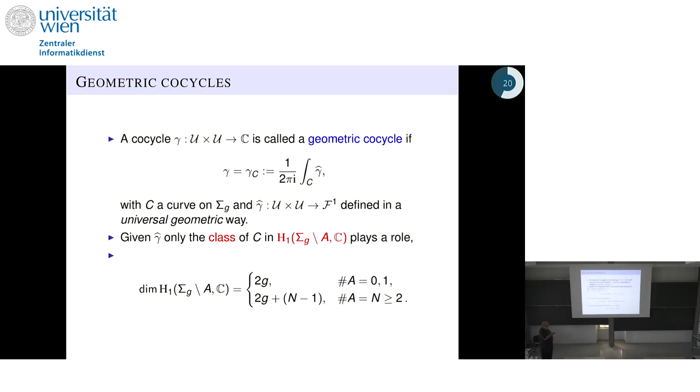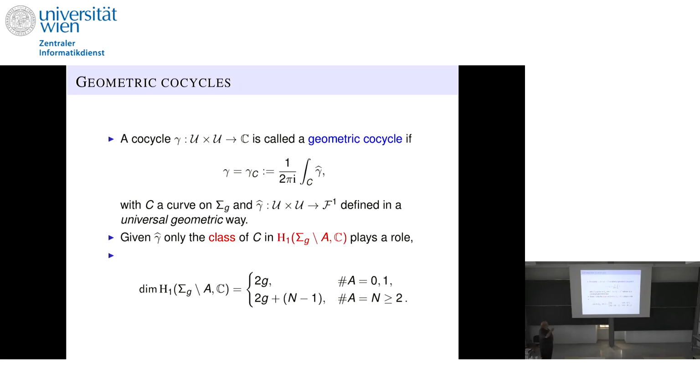So, now I talk about geometrical cocycles. Geometrical cocycles are given by a cocycle from U cross U to C, okay? And I could construct such a cocycle by taking some gamma hat, which is a map from U cross U to F1, defined in a universal geometric way, which I will not describe in more detail.